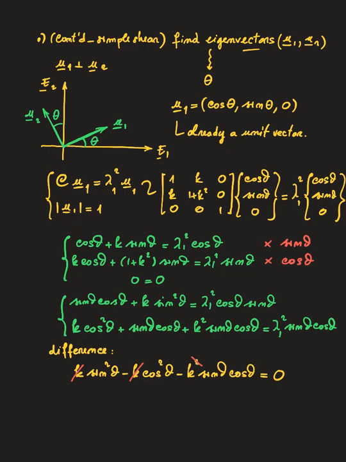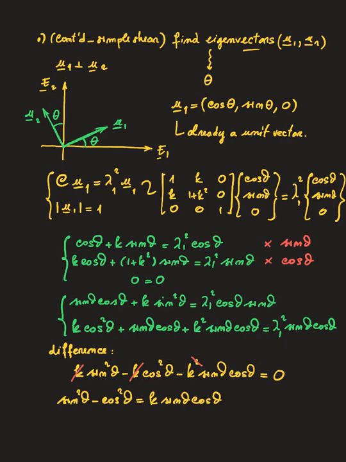So we obtain that the angle theta that corresponds to the eigenvector u1 satisfies sine squared theta minus cos squared theta equal to k sine theta cos theta.